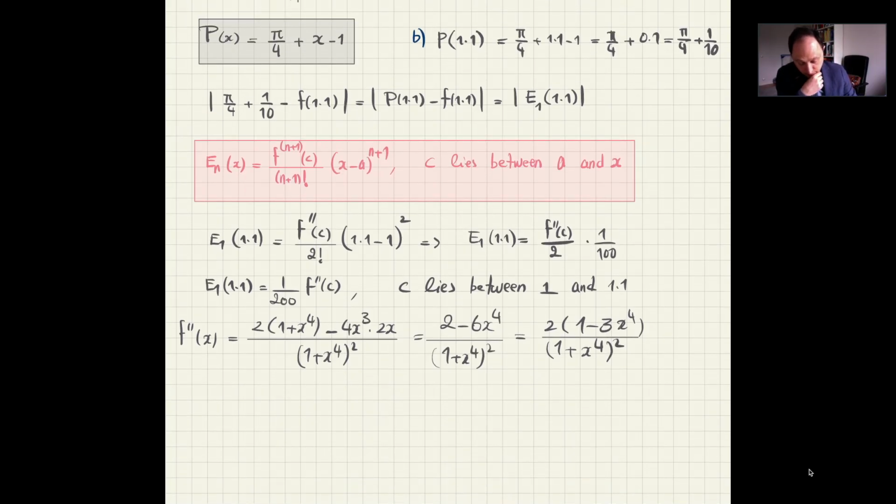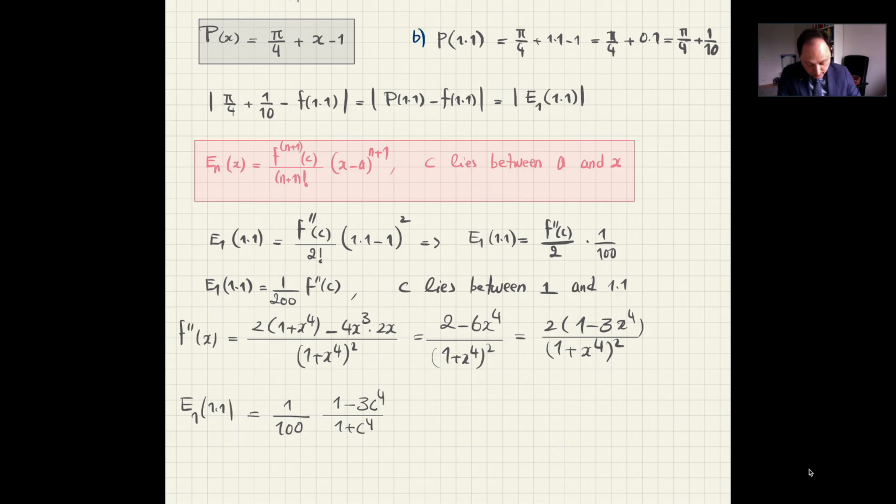Okay, so what we have to do, now let me take the absolute value of this expression. By the way, if I put C here, this becomes C, this becomes C. These two that you see here will simplify this one. So E1 at 1.1 is equal to 1 over 100, and then I will have 1 minus 3c to the 4, over 1 plus c to the 4.